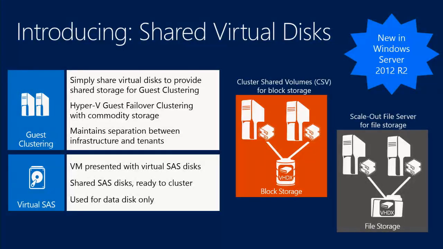You can simply, on the CSV that is provided to you by storage spaces, create a shared VHDX. Same thing for SMB. You can create the scale-out file server, and then you share the VHD there. The important piece here is we enable those scenarios for the type of storage that's more affordable.